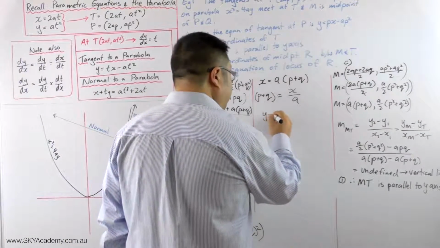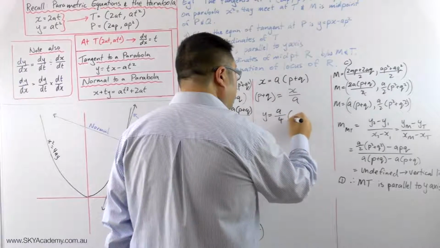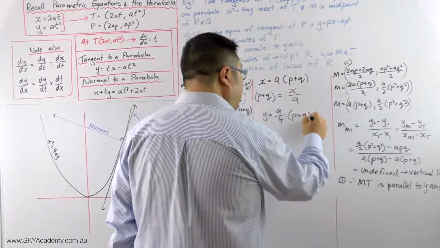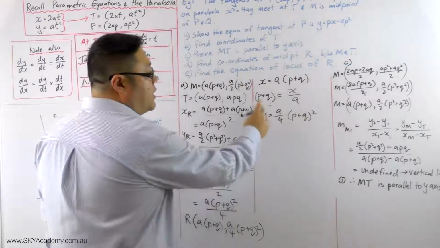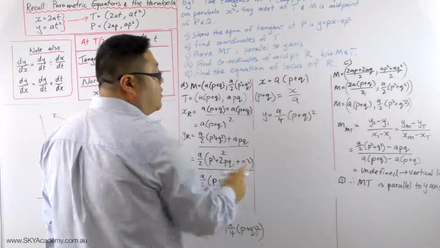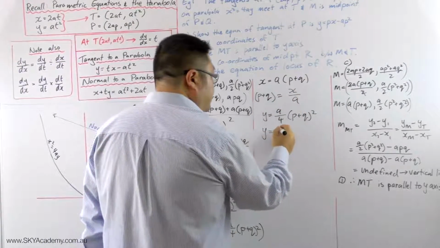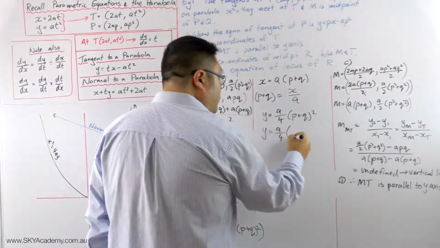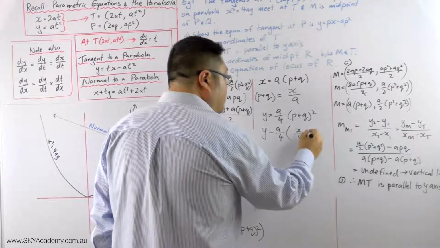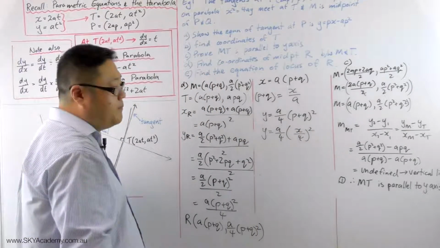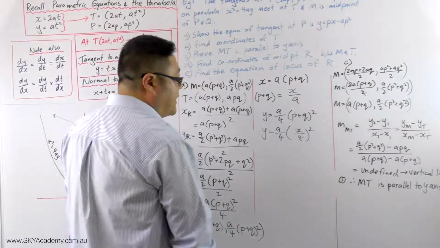So y is equal to a on 4 times p plus q squared. But we know that p plus q is equal to x on a. Therefore, y is equal to a on 4 times x on a squared. Yep. And we just need to simplify that down.